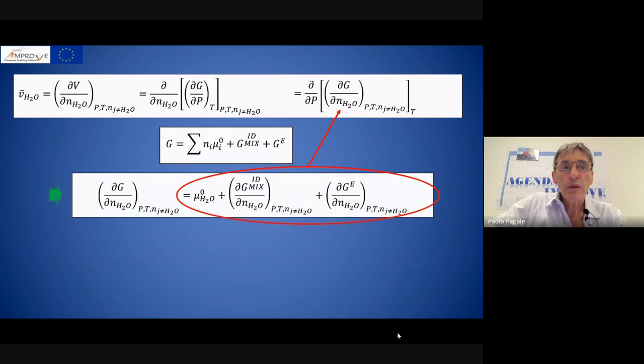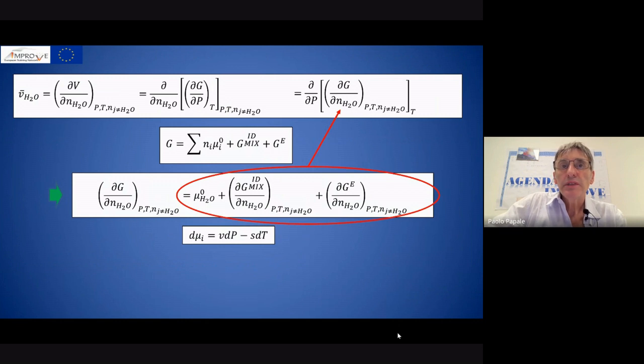Now, let's recall the differential of the chemical potential for a pure component, from which we know that the partial derivative of the chemical potential is molar volume. Let's then apply the partial pressure derivative in the equation on top.